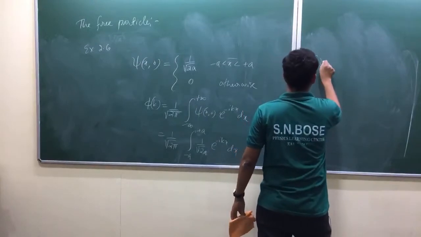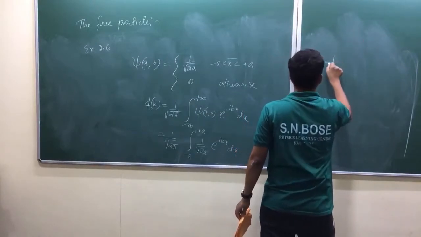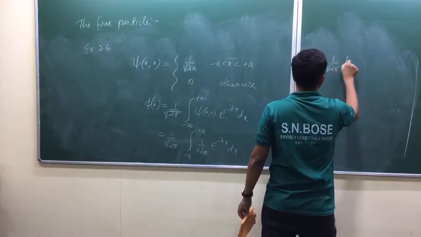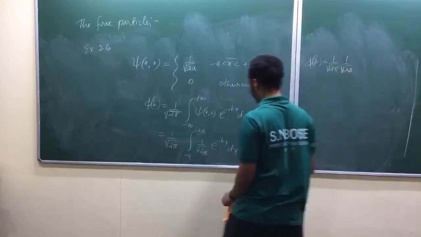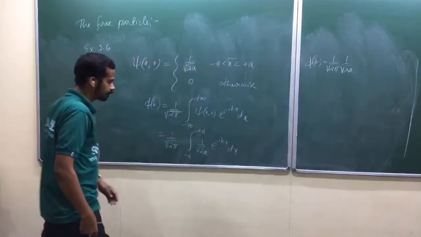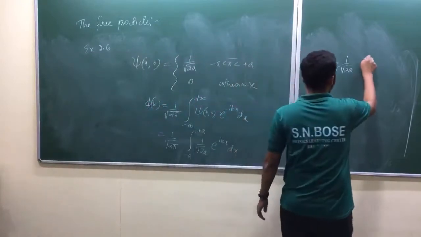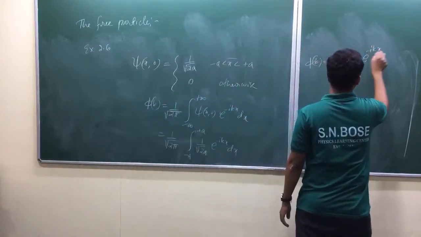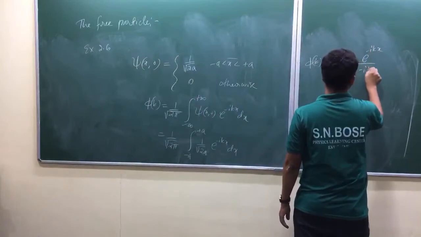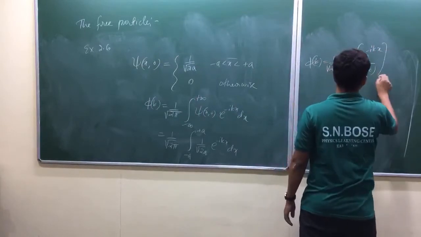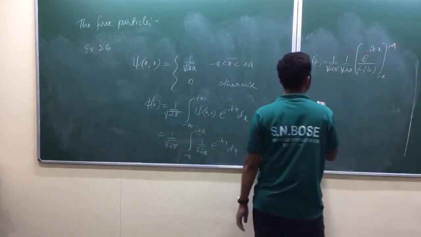Phi of k is equal to 1 by root 2 pi, 1 by root 2a, e power minus i kx divided by minus i k, running from minus a to plus a.